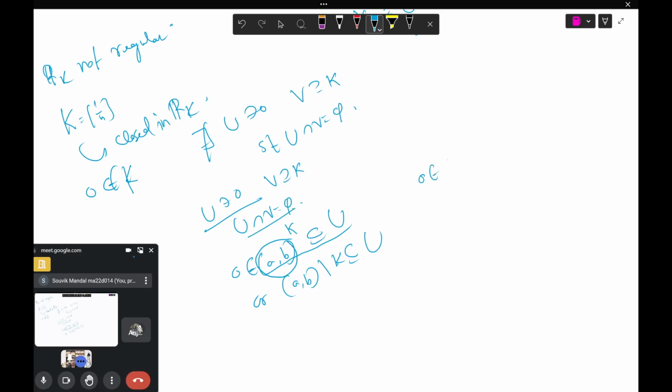So the only base element containing 0 will be of this form. This is the first observation. And the second observation is that since V is an open set containing K, any open set containing K will be of the form of open intervals (c,d), right?